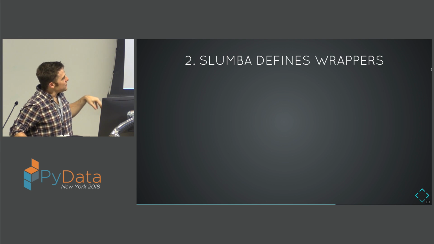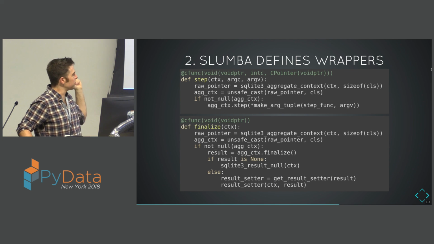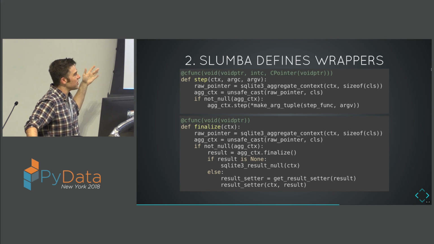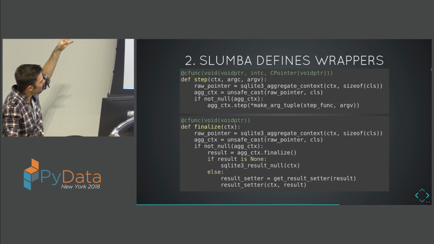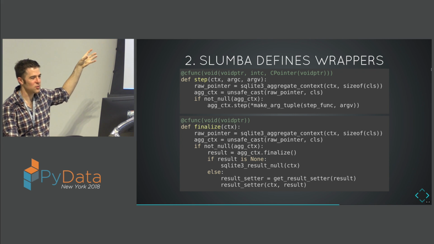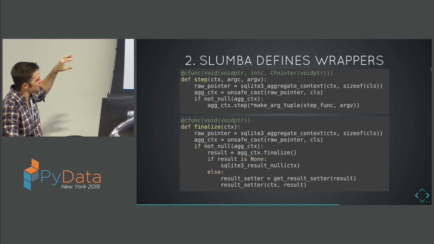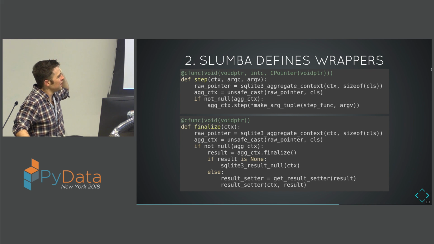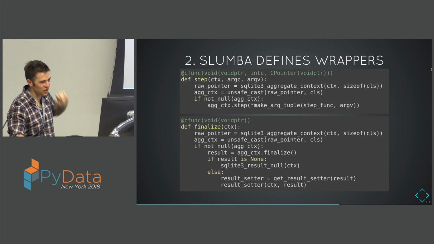Slumba then defines wrappers for step and finalize, which look strikingly similar to the C code. The main difference is that 80% of the code here is custom things that I had to write because they don't exist in Numba, and they're pretty dangerous, and they're not generically useful, maybe with the exception of not null.